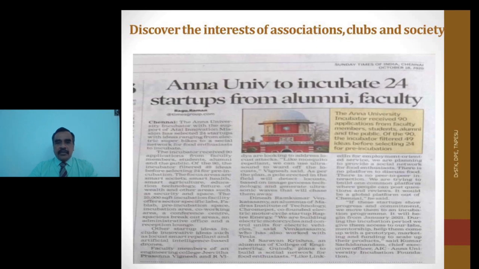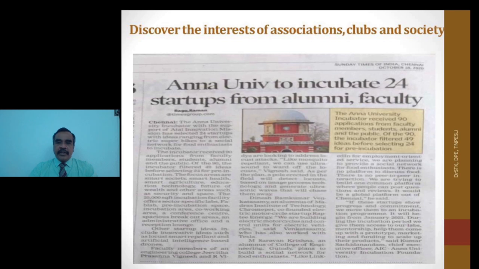Discover the interest of associations, clubs, and societies. Some of the associations, some of the institutions may express their area of interest in research. They may allot some finance or funding for the particular research. You can give your proposals and approach their institutions, so that if it is approved, they will help you in the form of funds, facilities, or infrastructure, and you can proceed with your research work.